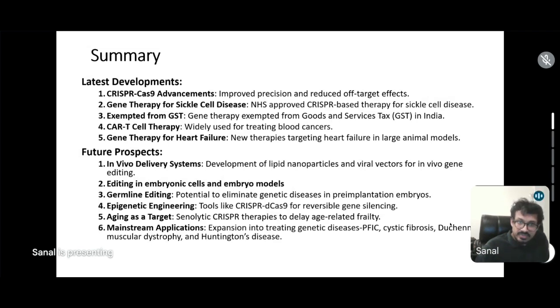And a gene therapy for heart failure, that is experimental. And in future, we are going to have in vivo gene delivery systems.